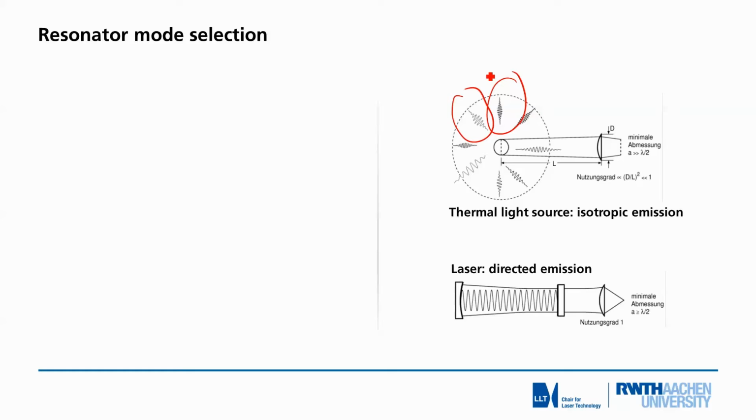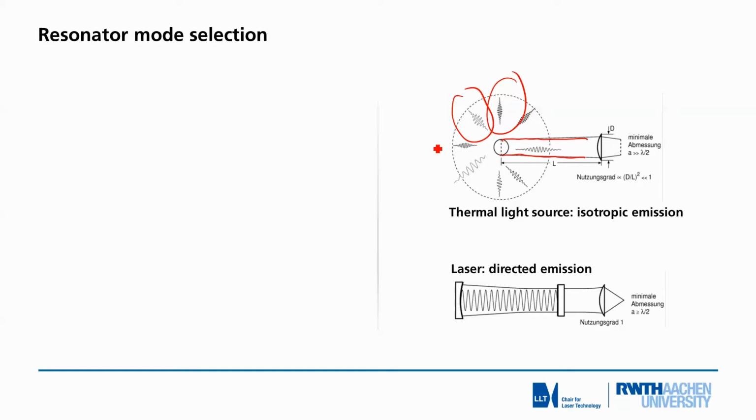And if you want to try to focus thermal light, for instance with a lens, we always get only a very small solid angle from that source, so the efficiency in using this light usually is very limited.